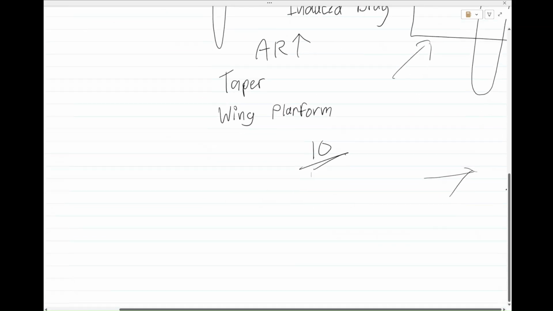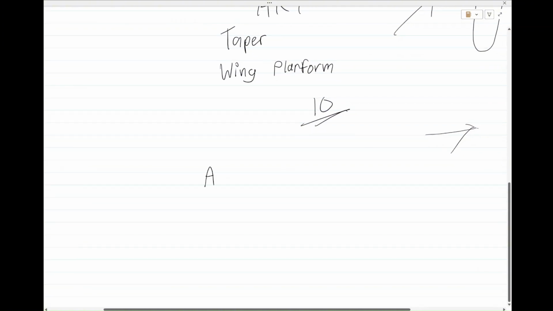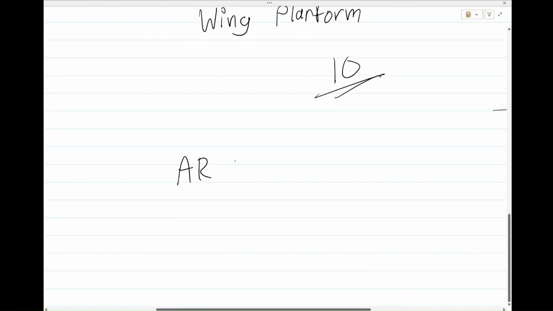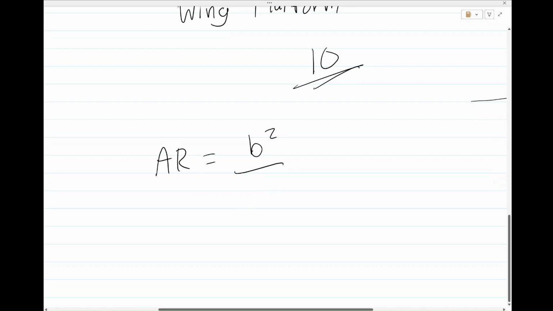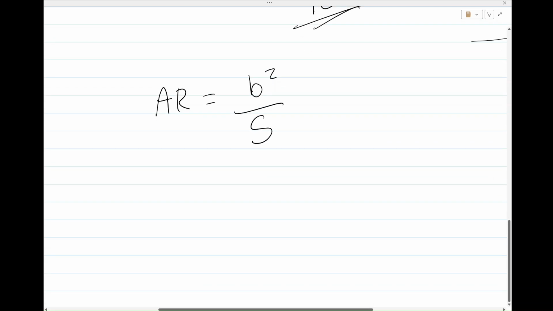If I have an aspect ratio of 10, right, aspect ratio equals b squared over a, where a is wing area, so we should probably make that s, and b is wingspan, right? So I already know my aspect ratio because I just decided it.